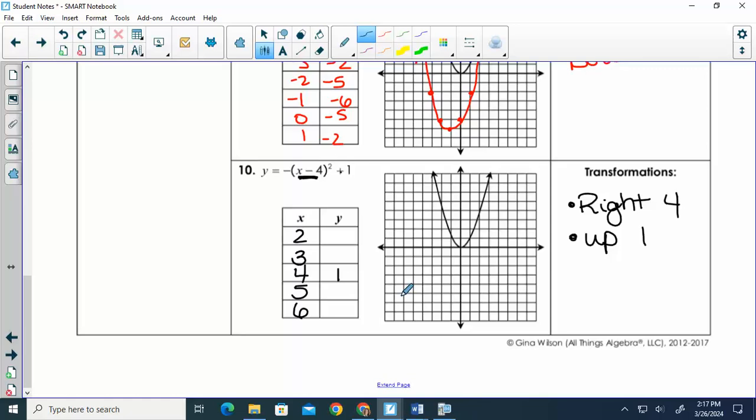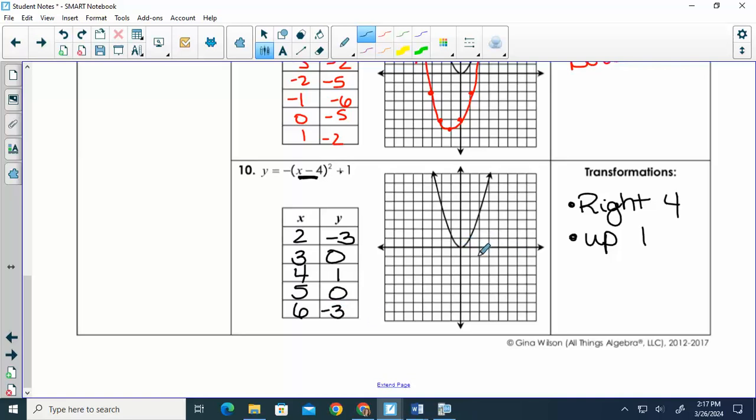All right, so when we put in a 2, when we put in a 3, we get, sorry, what did you say? Okay, so when you put in 2, you got, and when you put in 3, you got, and when you put in 5, you got, when you put in 6, you got.